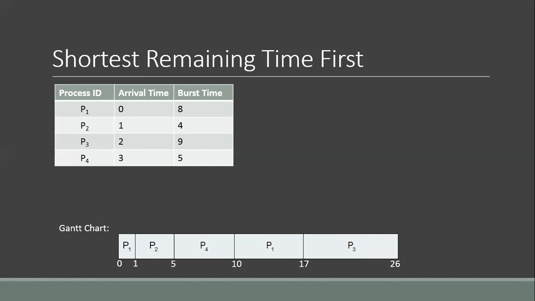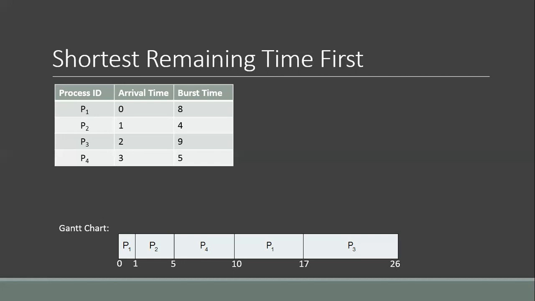Now there are 2 processes in the ready queue, process P1 and process P3. The burst time of process P3 is 9, while the burst time for process P1 is 7, because it has already completed 1 millisecond of its total burst time.